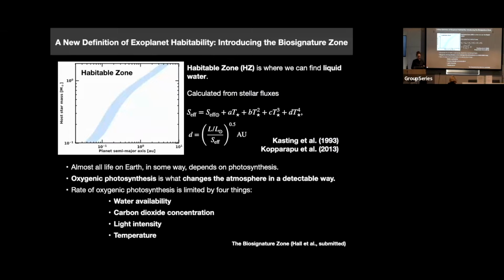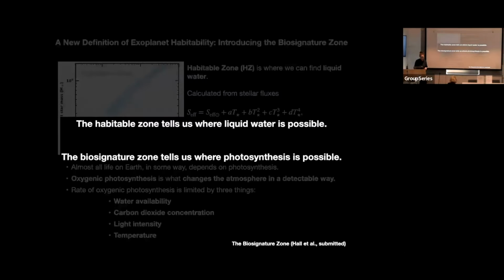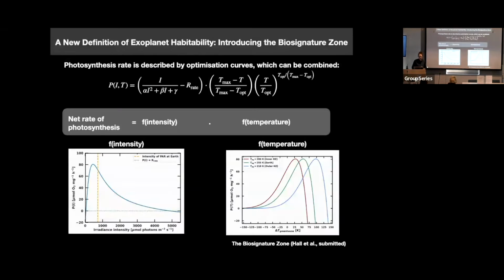And 4, temperature. So really, this idea of the biosignature zone is going to tell us where photosynthesis is possible. The habitable zone tells us where we can get liquid water, and the biosignature zone tells us where we're going to get photosynthesis. So I trawled the literature and became a biologist for 6 weeks.